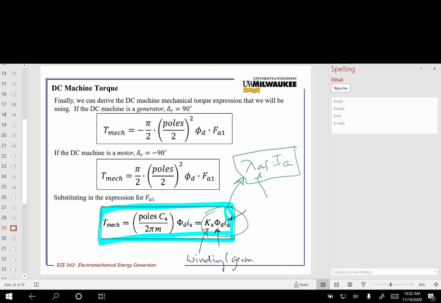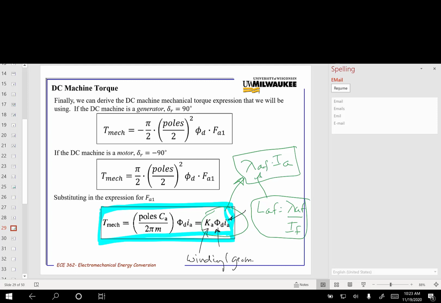So if you were to say what's LAF, that's equal to lambda AF divided by the field current. Dividing it out, so there's your inductance. Does that answer that question? So what caused this inductance to change? Because in order to have a torque or a force, we need the fluctuating inductance. Yes.